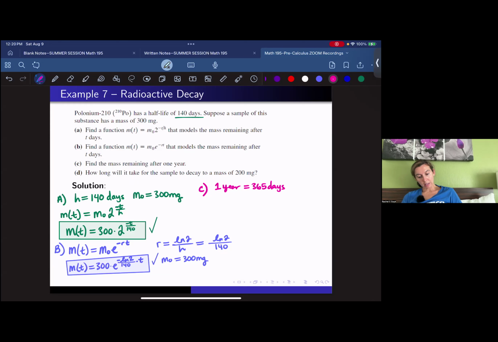I'll just use the first one. They're going to be very close to one another. Just the continuous one is slightly more accurate.